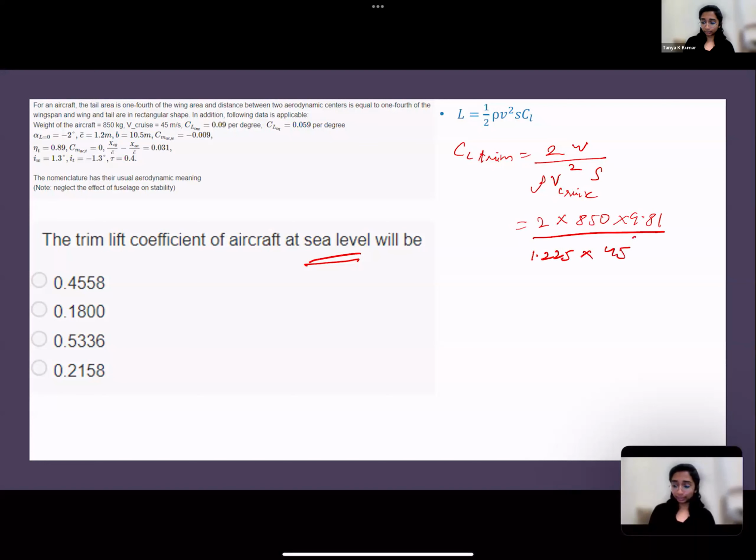What is S? How do you find out S? V by C, yes. V is 10.5. C is 1.2. All right. So what is the value? Why was it taking so much time? Just plug in the values.